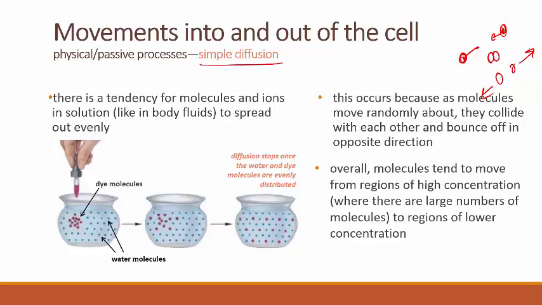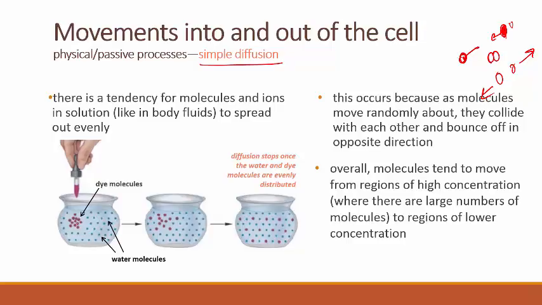So the collisions that allow this to happen: water is a pretty small molecule, but dye molecules tend to be much larger. And so when two dye molecules collide, there's a whole lot of movement that happens. If we were to slam a ping pong ball against a pool ball, we would get a lot of movement of the ping pong ball, but the pool ball wouldn't move very much.